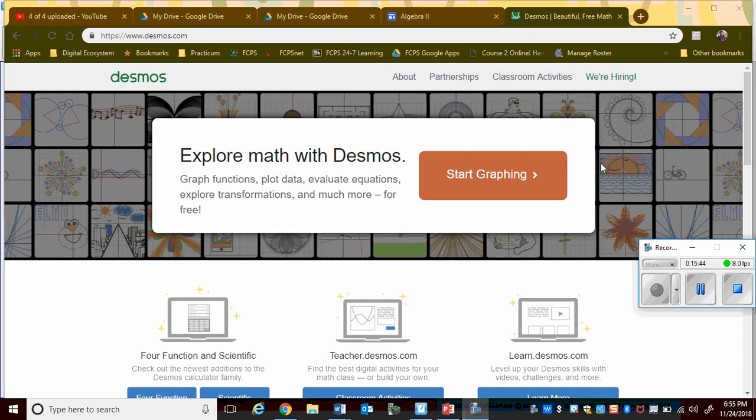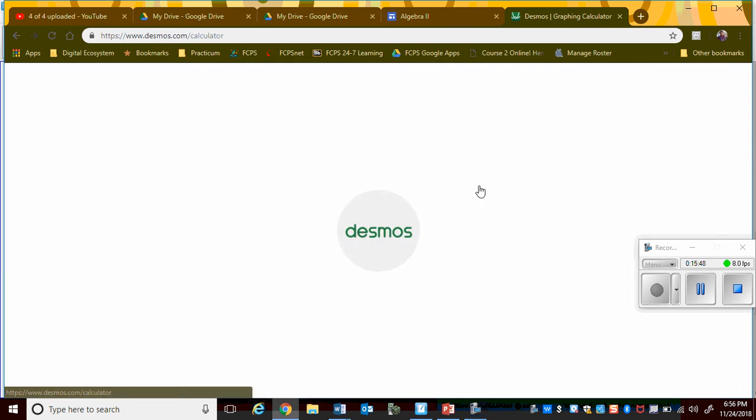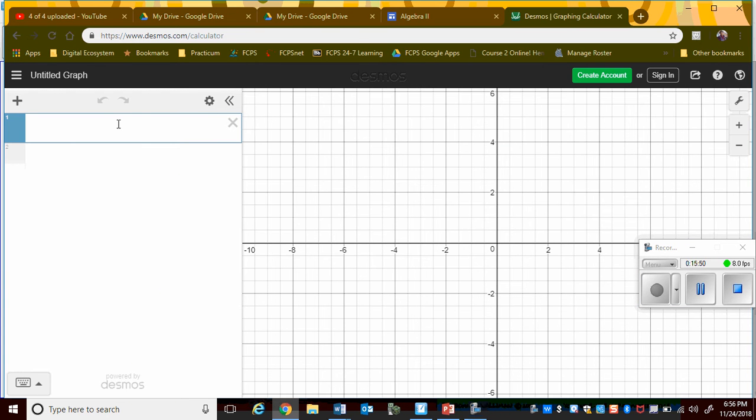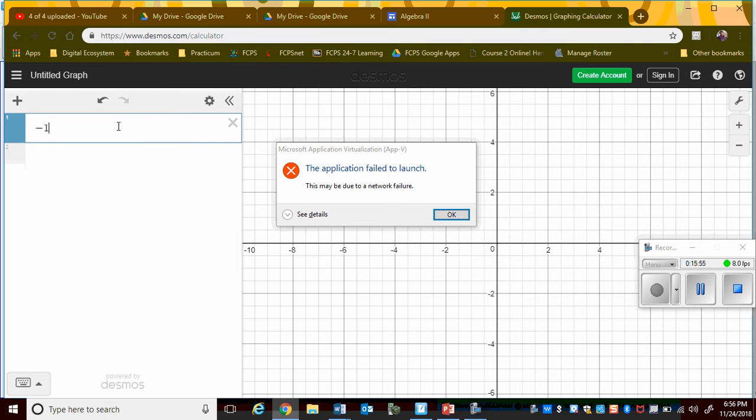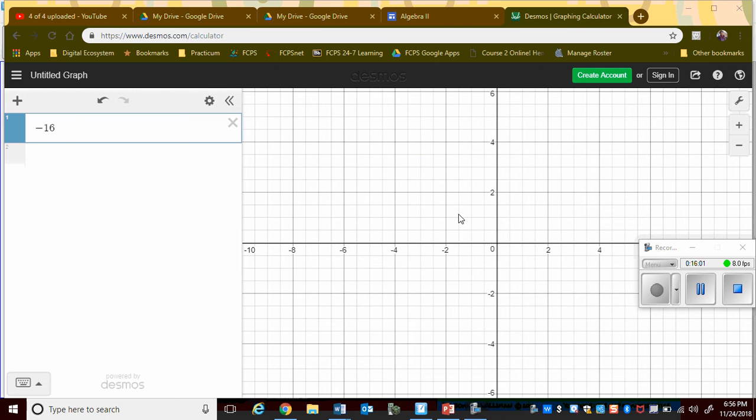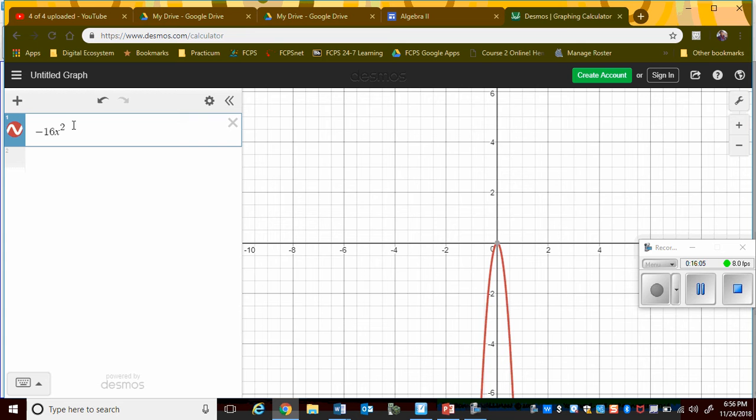So for the remainder, I'm going to use Desmos to finish this problem up. I have negative 16, and I'm going to use x instead of t, x squared plus 64x plus 190.